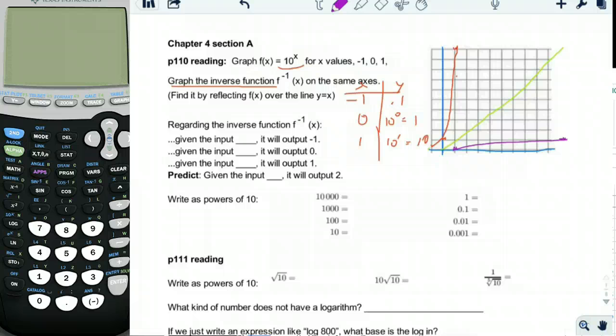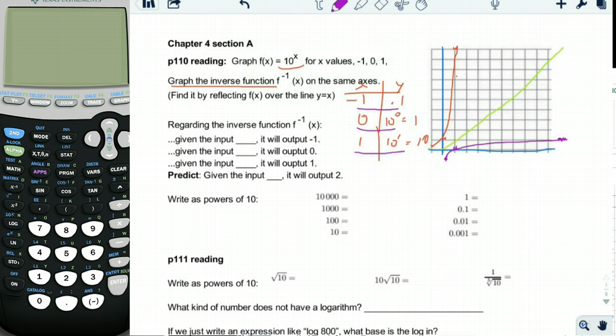So I took the point 1 comma 10 and I changed it into 10 comma 1, that's here. I changed the point 0 comma 1 to 1 comma 0, which is here. And now I'm going to take the point negative 1 comma 0.1 and change that to 0.1 comma negative 1, so that would be about there. Okay, so that's the reflection.